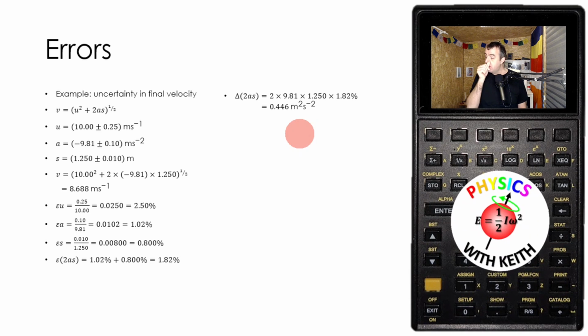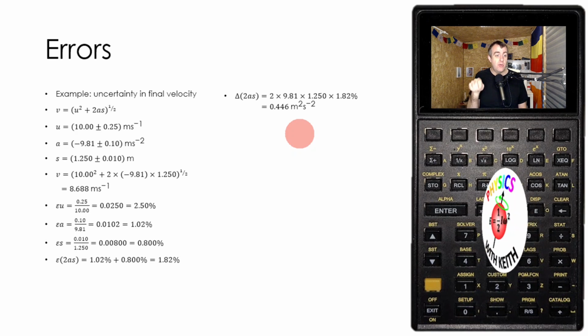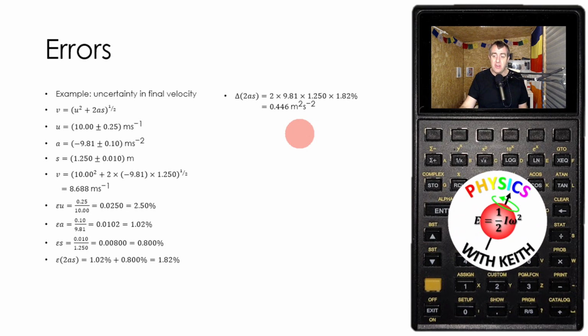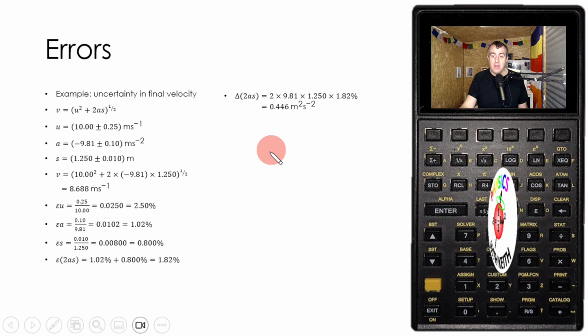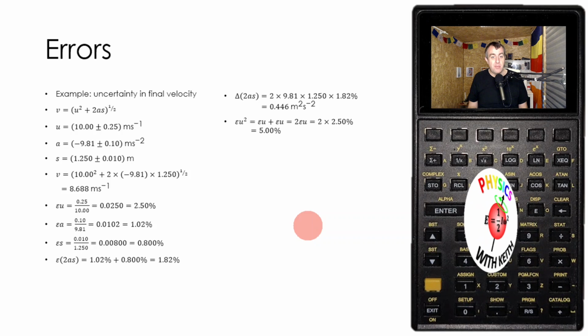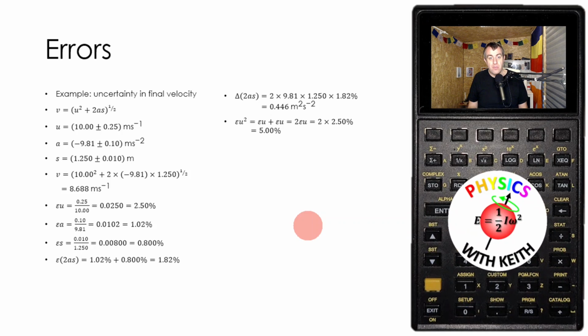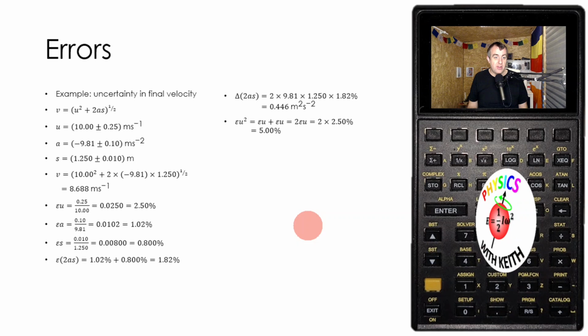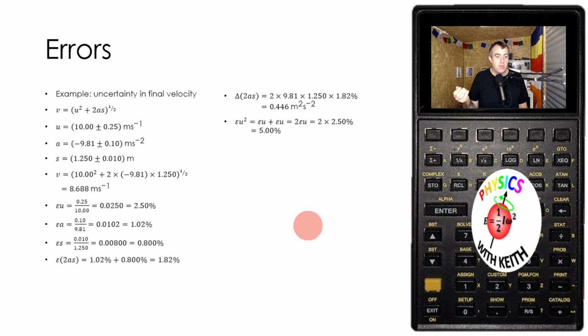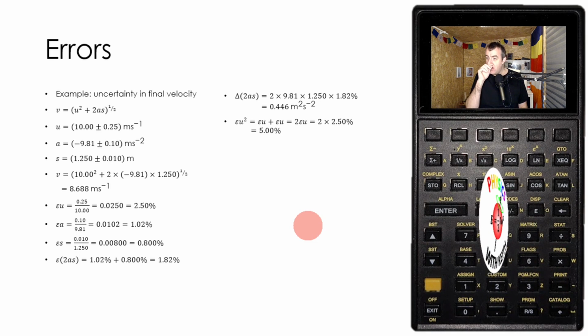Now I'm going to want to add that to the absolute uncertainty in u squared. Well, first of all, I'm going to have to work out what the percentage uncertainty in u squared is. And that's going to be the percentage uncertainty in u plus the percentage uncertainty in u. I've already calculated that. That was 2.5%. So I'm doubling it.